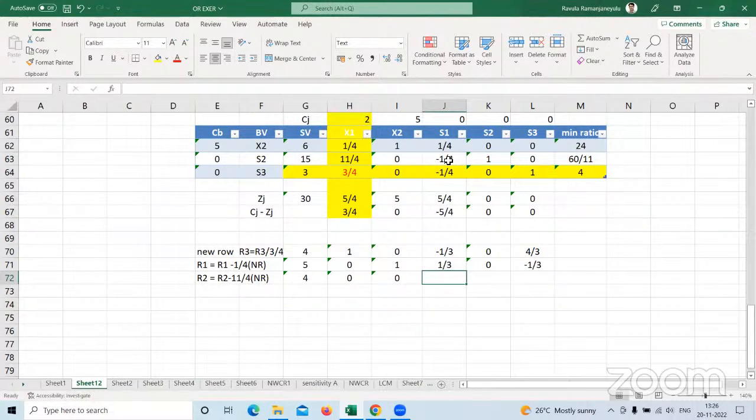So plus 11 minus 3. 11 minus 3 is 7. Sorry, 8. 8 by 12, 2 by 3.